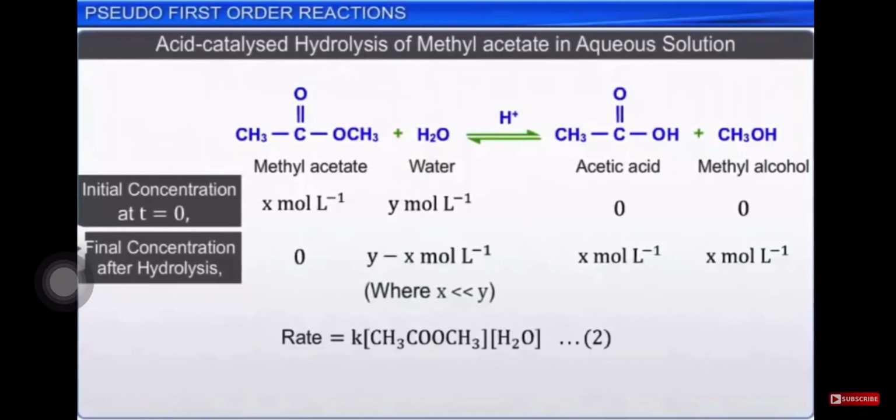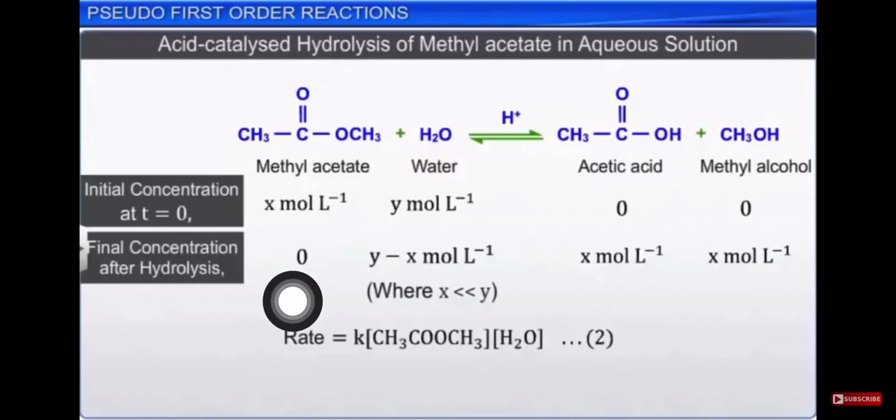So this reactant will become 0, and there is utilization of water, but how much? The utilization here is X and X. Why X and X? Because it is converted from our methyl acetate. So that X moles are converted into acetic acid and methyl alcohol.